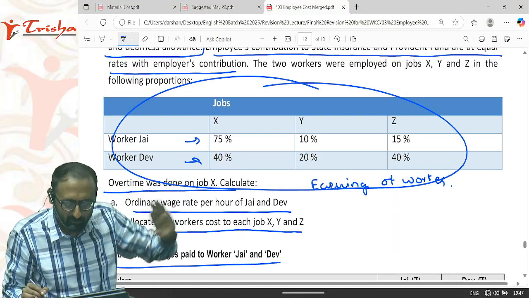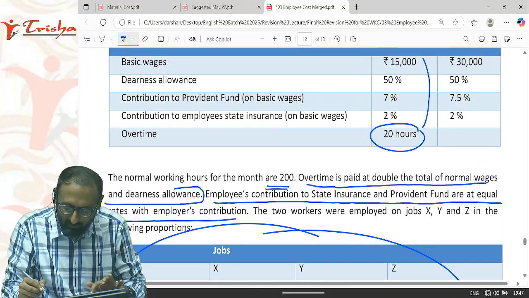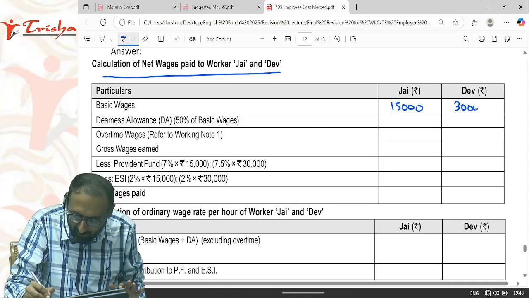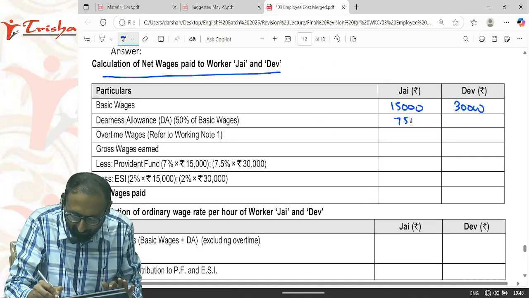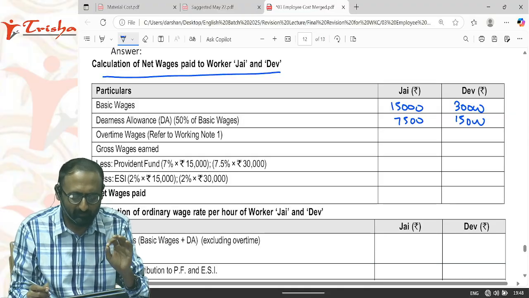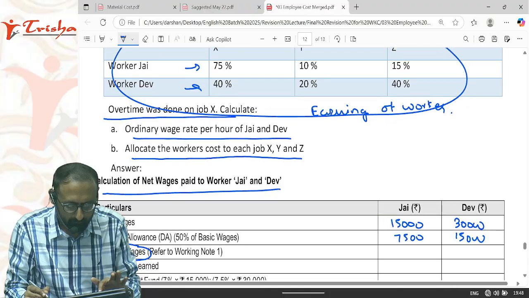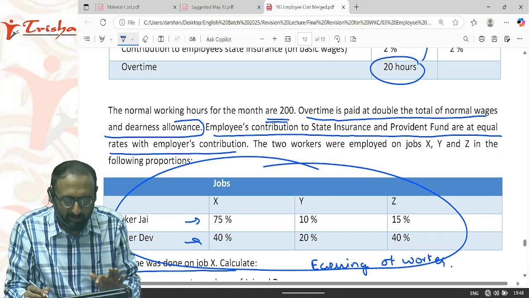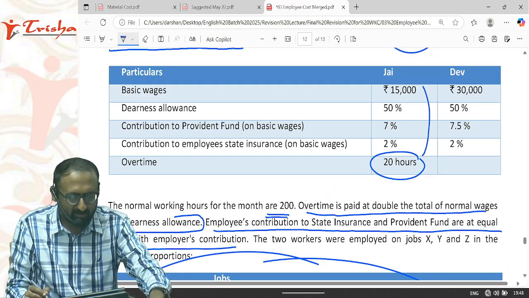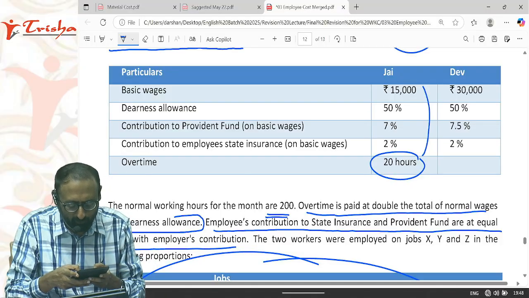So your answer will be 15,000 and 30,000. Dearness allowance will be 50%, that is 7,500 and 15,000. Now you yourself tell me how much the overtime wages will be. Worker Jay has done overtime. Read and tell me how much the overtime wages will be. I am waiting for your answer, sir.